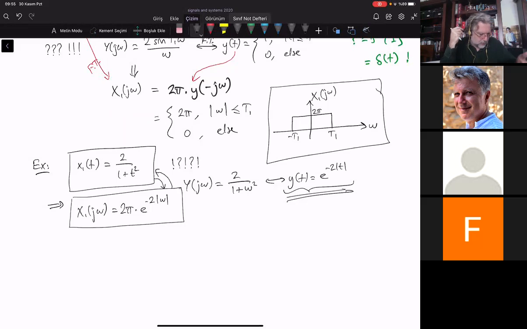From the table, you look at it and you see that there it is. No matter whether it's a Fourier transform signal or a time signal, you can consider it as a time signal or a Fourier transform signal and use this duality property to find the opposite domain. Okay.